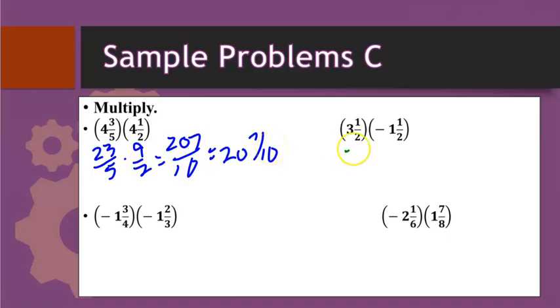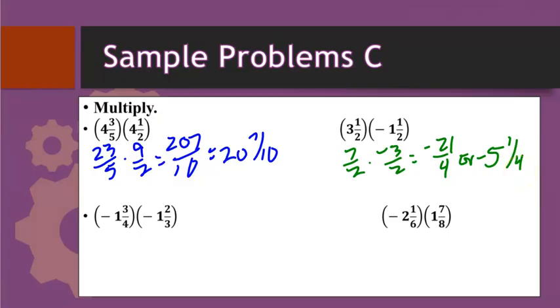Next, we got 7/2 times negative 3/2, which is going to give us a negative 21/4, or I can write that as -5 1/4.